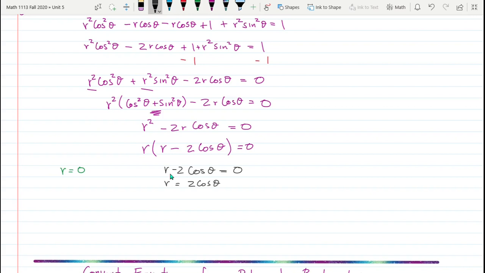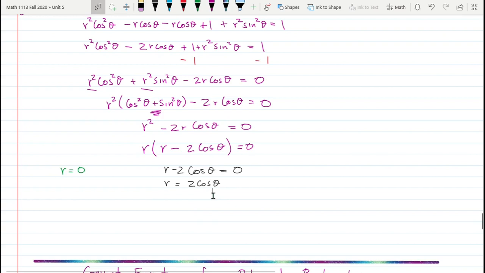Since r equals 0 is just a single point, having radius 0, it's at the very center of the origin. We're not going to include it in the solution, but this right here is an equation.